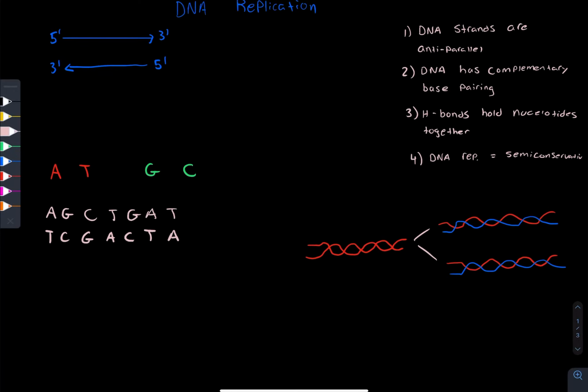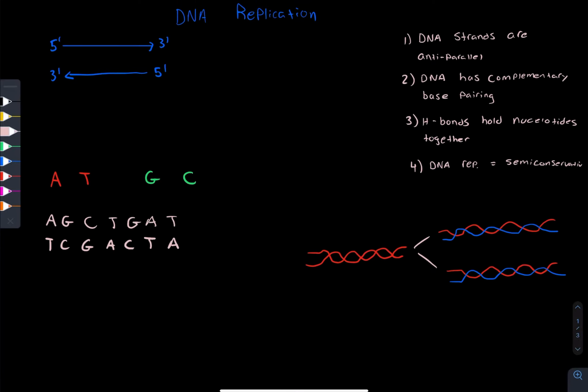And the next thing we are going to take a look at is that the hydrogen bonds are going to hold nucleotides together. So what this is getting at is let's draw out a DNA.